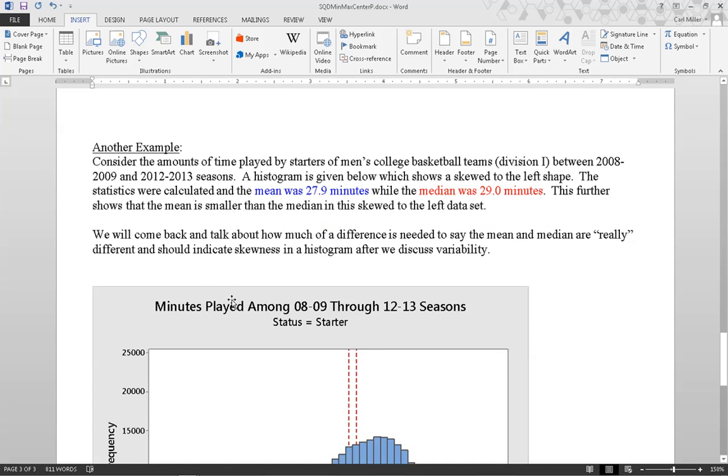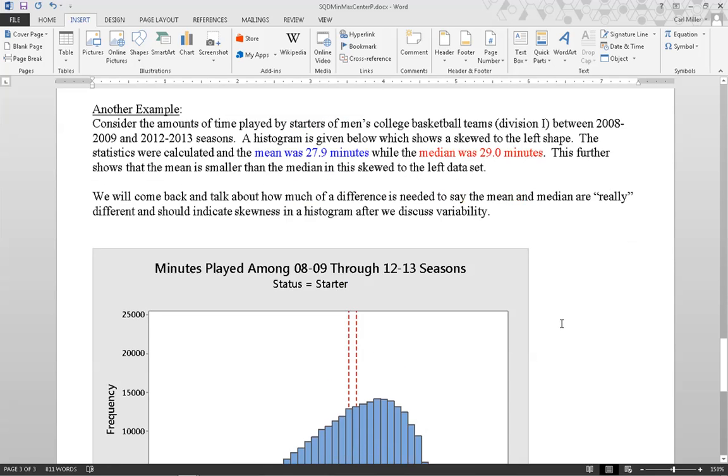Another example. Consider the amounts of time played by starters of men's college basketball teams in Division I between the 2008-2009 and 2012-2013 seasons. A histogram is given below which shows a skew to the left shape.